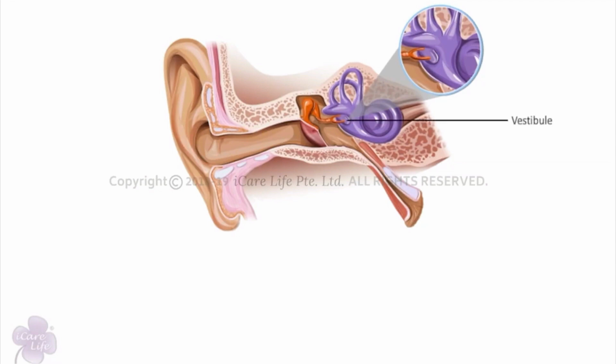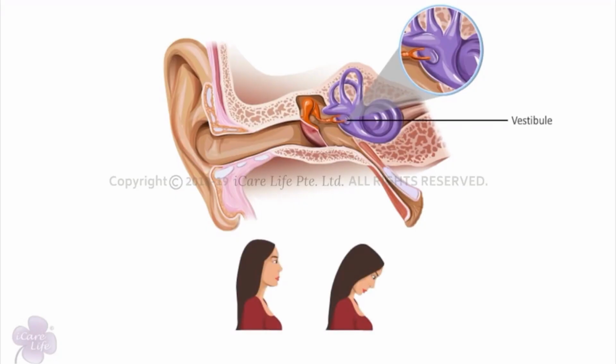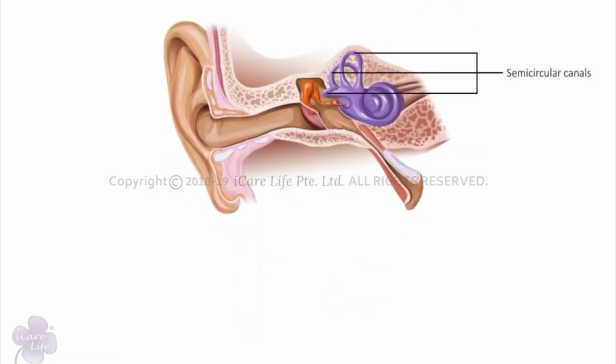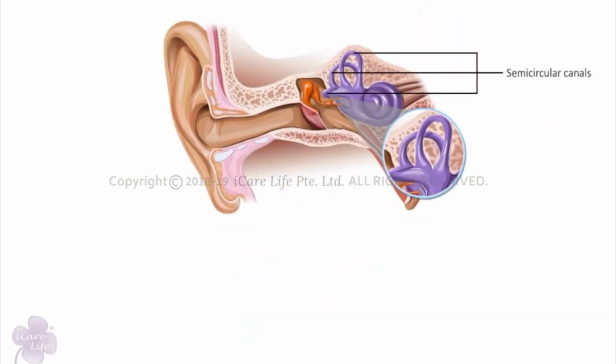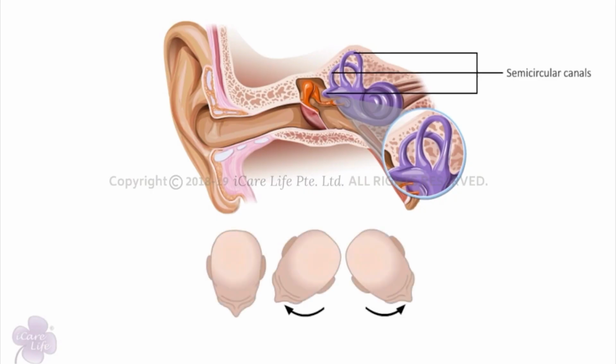The vestibule, using tiny hair cells sensitive to linear movement, helps the brain understand any linear movement of the head. The semicircular canals, using tiny hair cells sensitive to angular movement, help the brain understand any movement if the head moves at an angle.